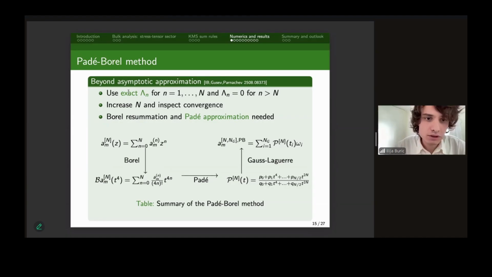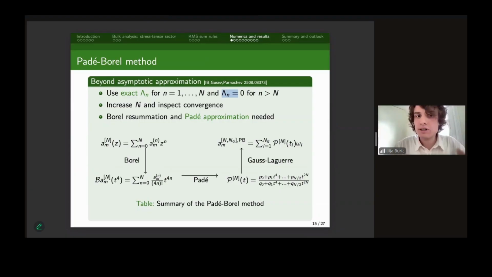What we will do is solve the KMS sum rules where the spectrum is the following. We take the exact formulas for lambda n's that we get from this bulk equation up to some capital N, and then we put all the higher stress tensor coefficients to 0. And then we compute the double trace coefficients.